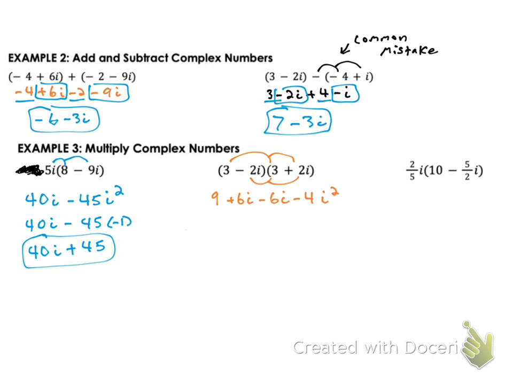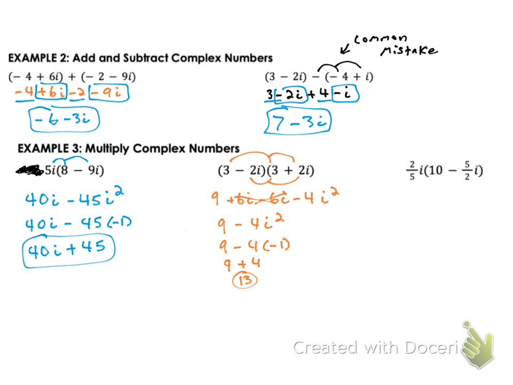Good. So, in the middle, the 6i's cancel. And that'll give us 9 minus 4 times negative 1, because i squared is negative 1, which would give us 9 plus 4. Gives us 13.